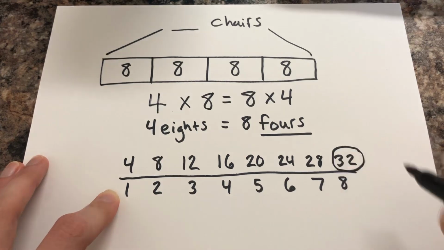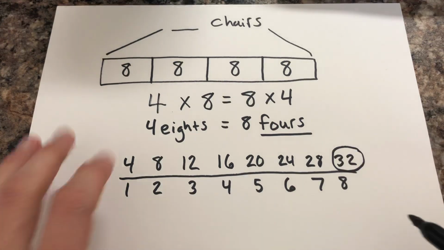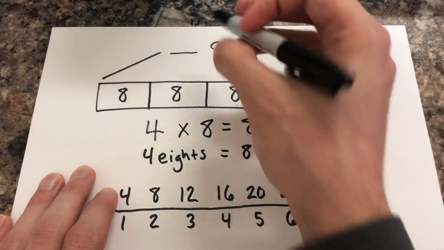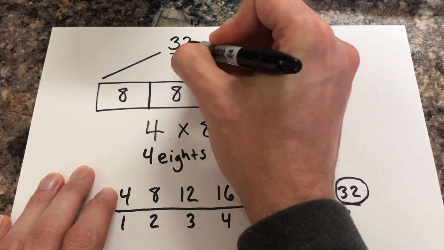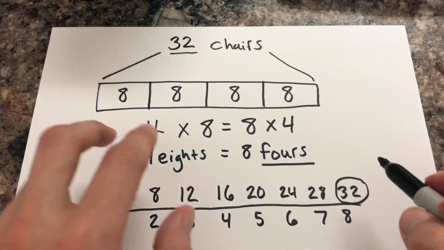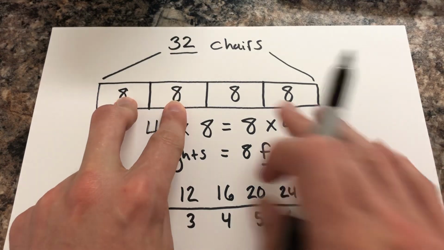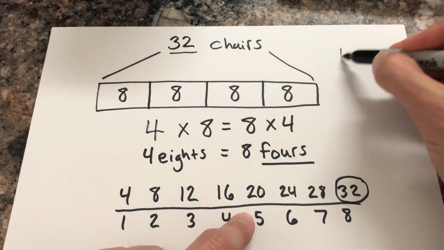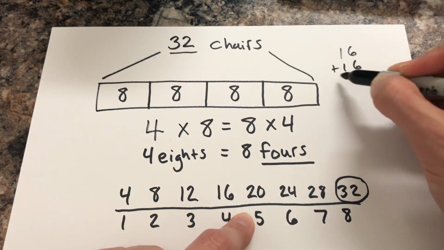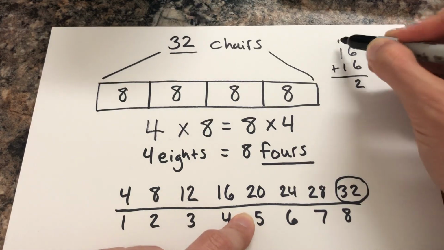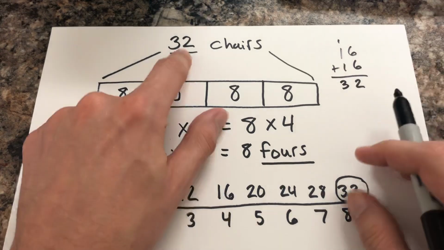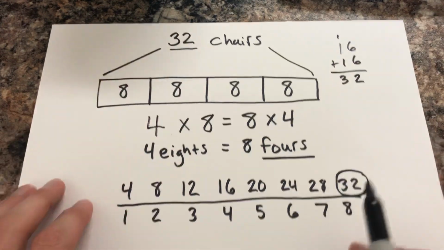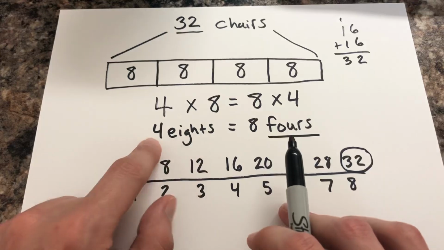Aha, 32. So how many chairs altogether? 32. Some of you may have been like, well, Mr. Wolf, I know that 8 plus 8 is 16 and 8 plus 8 is 16, so it's just 16 plus 16. And I bet if you do 16 plus 16, you get 32. Yep.